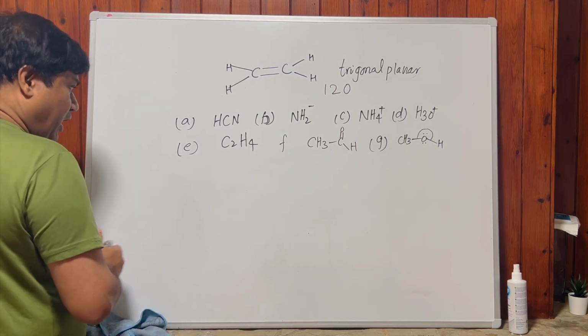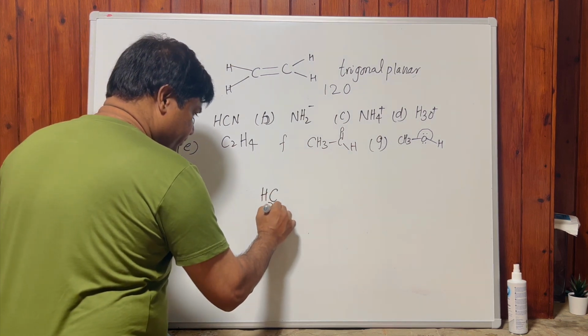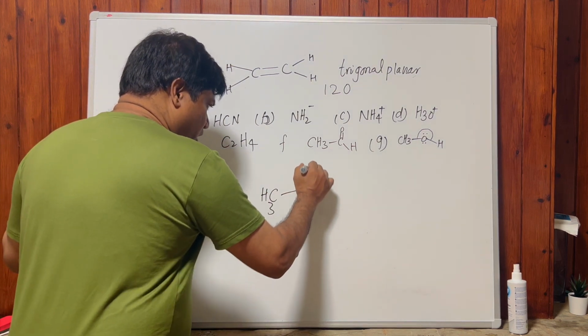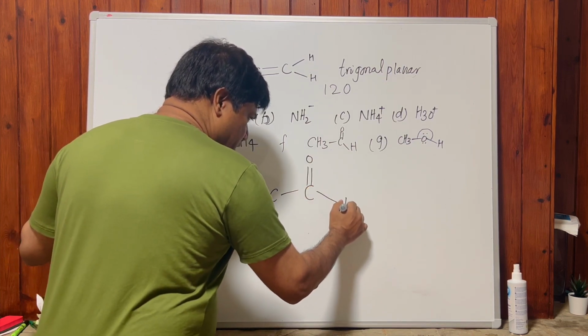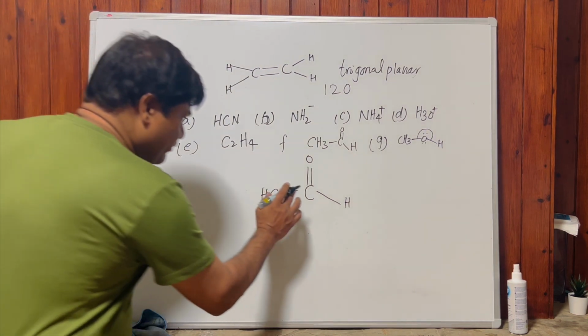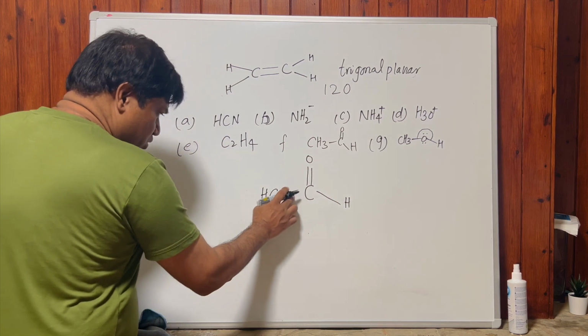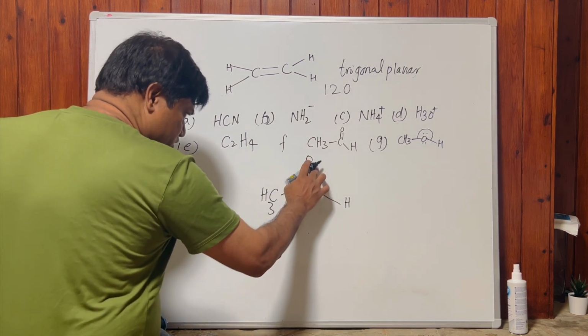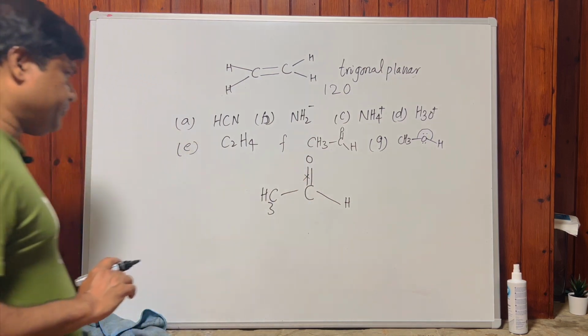Now, ethanal, CH3CHO. The carbon has a double bond with oxygen and one single bond. Look, we're talking about that carbon. One bonded pair of electrons. This is also a bonded pair. This is also a bonded pair. Ignore the pi bond. Don't worry about the pi bond.